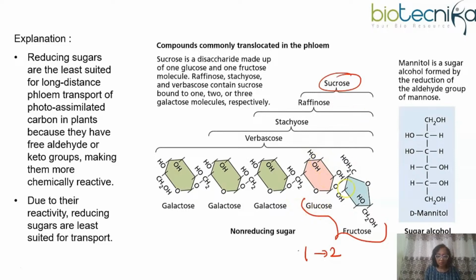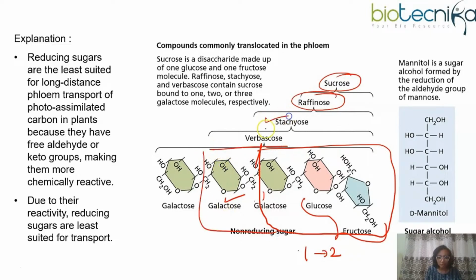Then if you take a sucrose molecule and add 1 galactose to it, this structure is called raffinose. Add 1 more galactose to it, and this structure is called stachyose. Add 1 more galactose to it, and that structure is called verbascose.